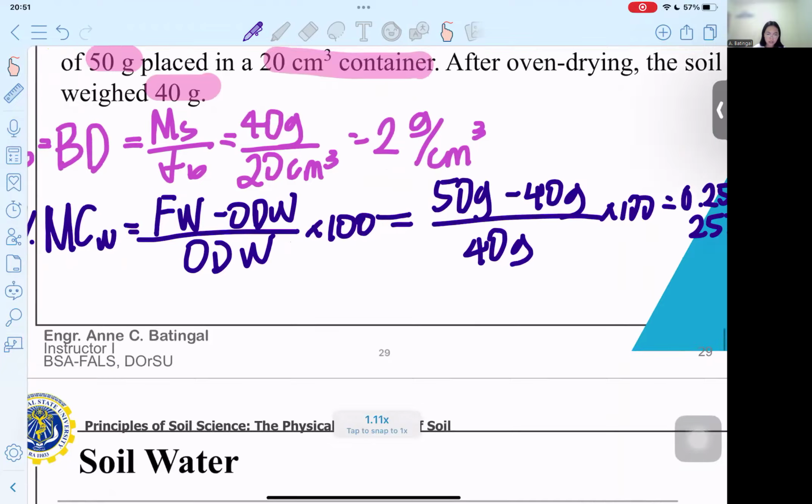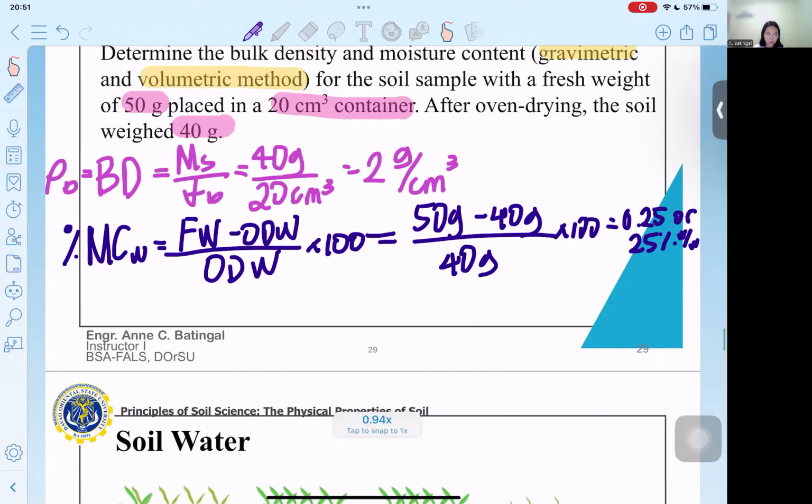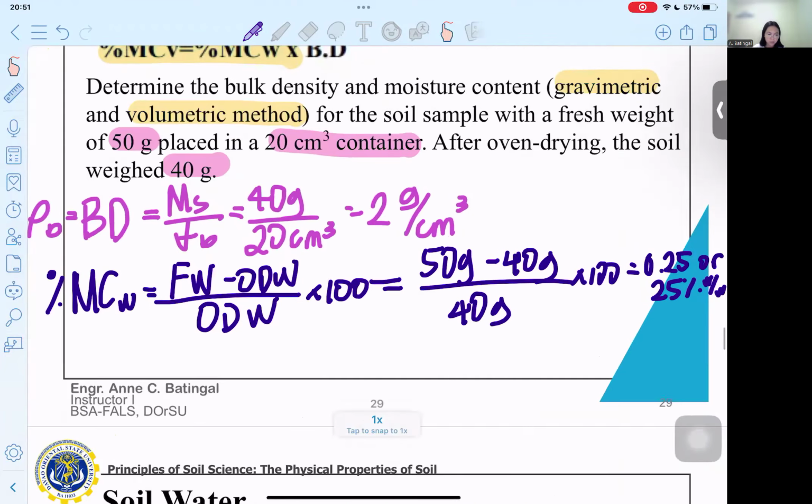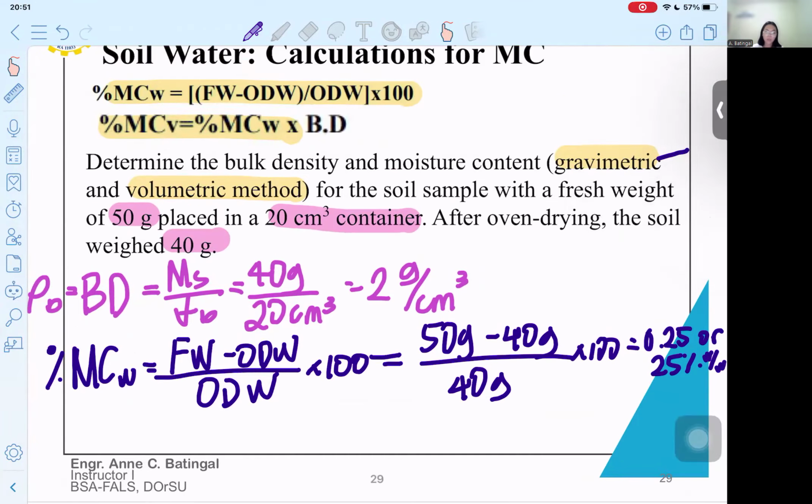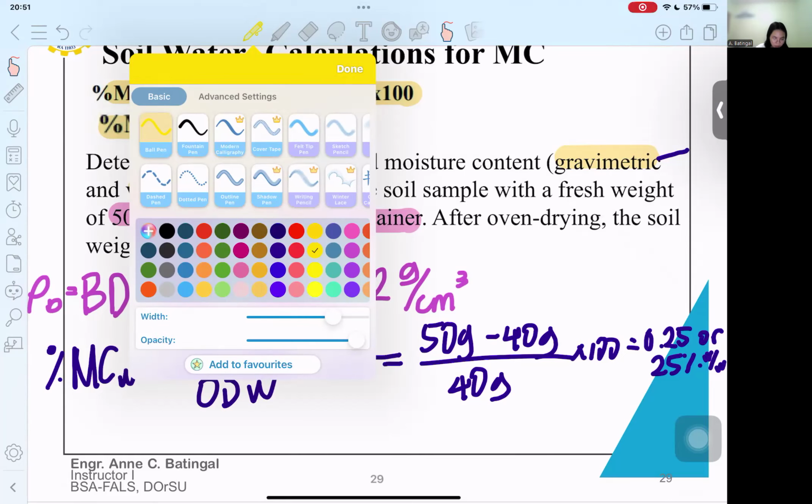So, okay na ta sa gravimetric method. Next is your volumetric method. For the volumetric method, moisture content by volume is the moisture content by weight times the bulk density. So simply multiply the values we have so far.